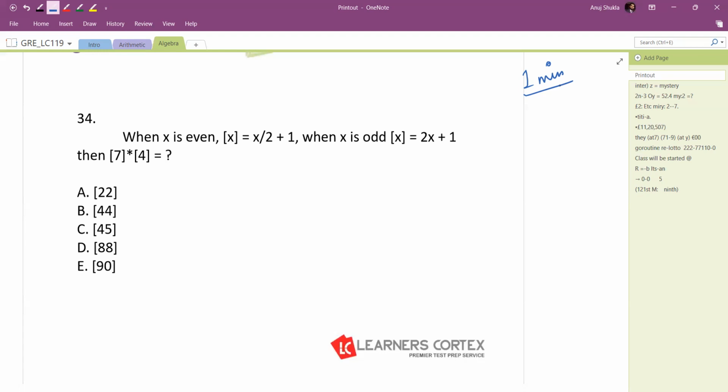45. Which option? Option C? C. Okay. Anybody else?